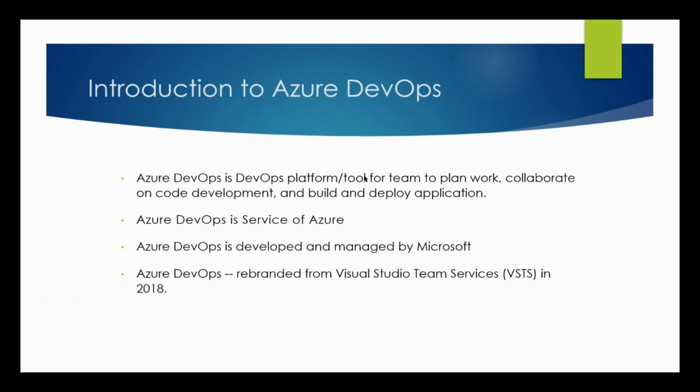Azure DevOps is a platform tool for a team to plan, work, collaborate on the code development, and build and deploy the application. Basically, it provides an end-to-end DevOps toolchain with plan, code, build, test, and then deploy.